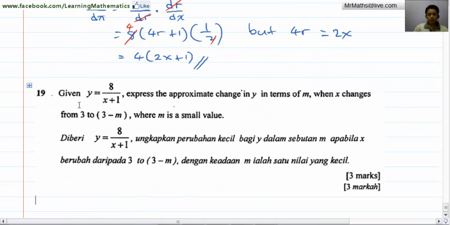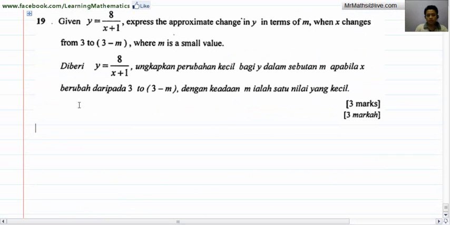Given that y is equal to 8 over (x + 1), express the approximate change of y in terms of m when x changes from 3 to 3 minus m, where m is a small value.